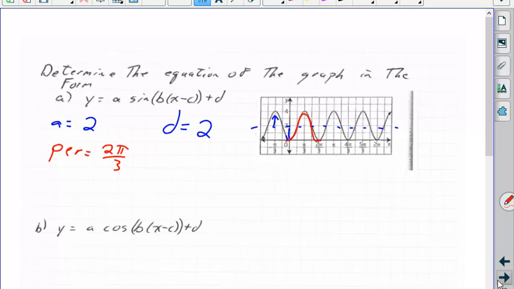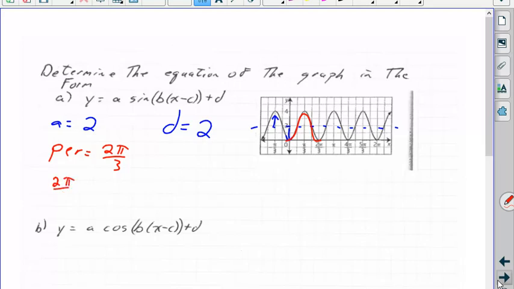I did a horizontal stretch by a factor of 1/3. Okay, you can see that. Started at 2 pi, ended up at 2 pi over 3.